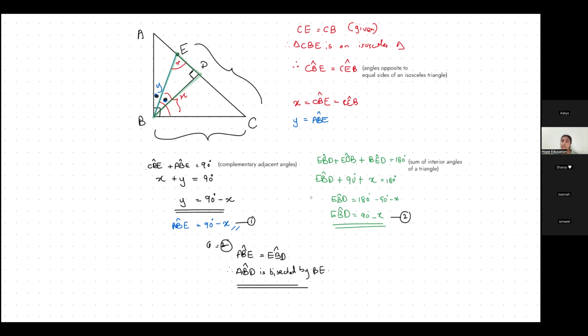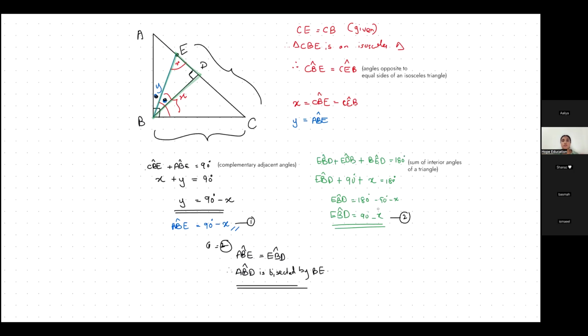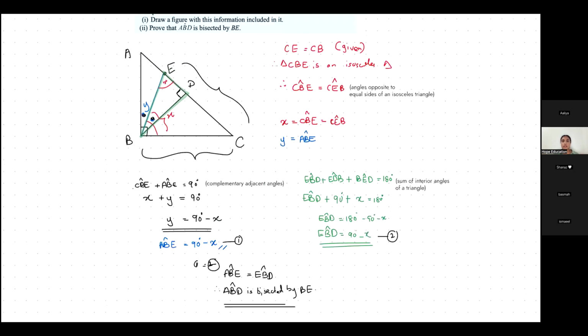When you're using algebraic symbols, number one, don't overuse. Number two, always introduce what you're using at the top. And whichever algebraic term you use, at the end write the names of the angles. Okay, I will give you 2 or 3 minutes to do corrections, and we'll move on to the rest of it. Make it fast.